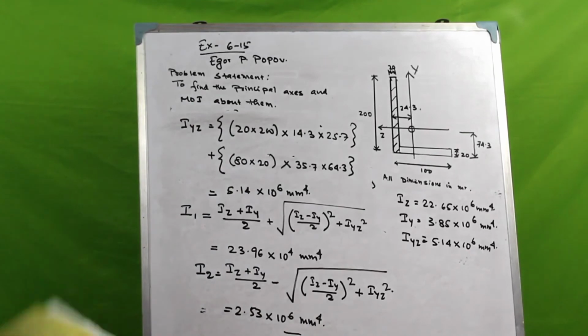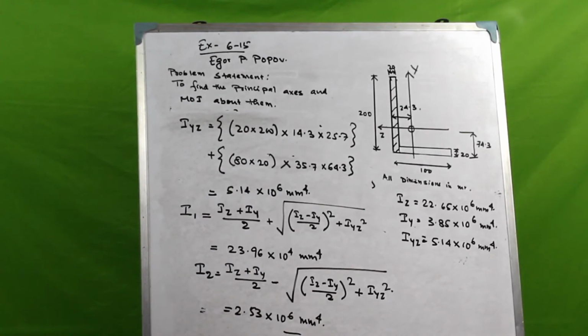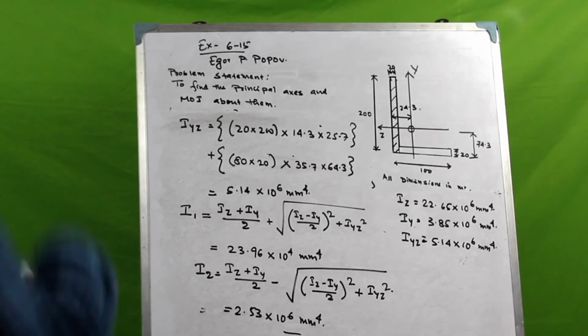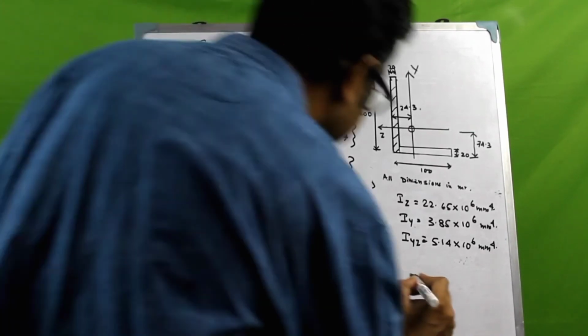So we now know the moment of inertia about the major principal axis and the moment of inertia about the minor principal axis. Now, but where is this principal axis? That's the question, right? So how can we find that out? Okay, all that we need to do is to solve for this equation.